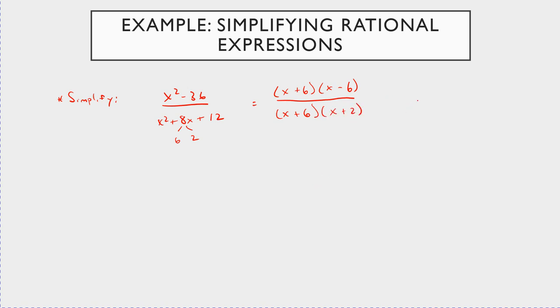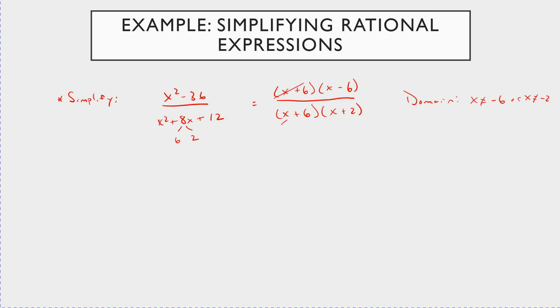Okay, so look, the domain here. I hope you can see right here that the x plus 6's are going to cancel, but if you just look at the denominator, you can see immediately that x cannot be equal to -6 or x cannot be equal to negative 2, just by looking at it.